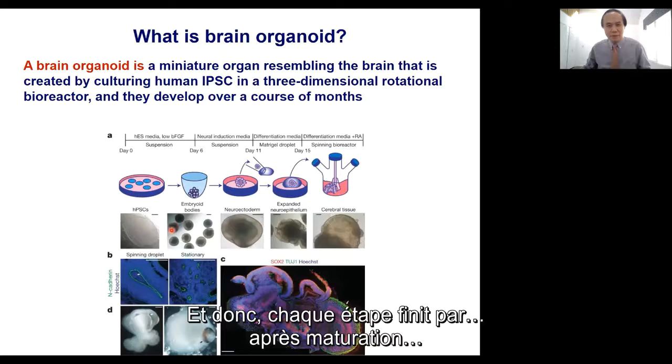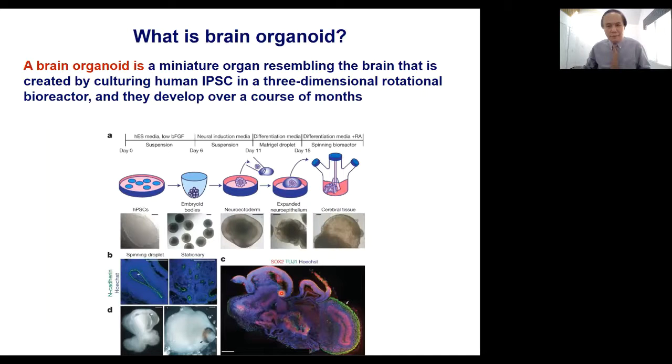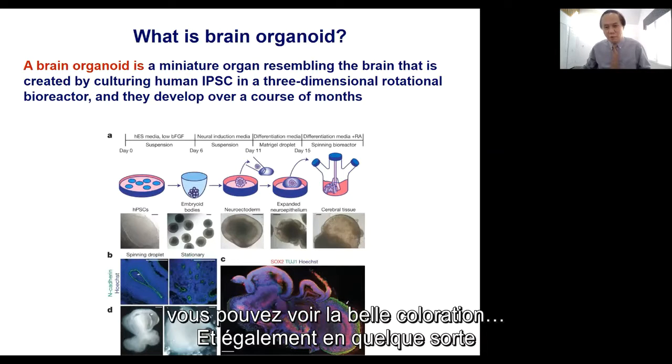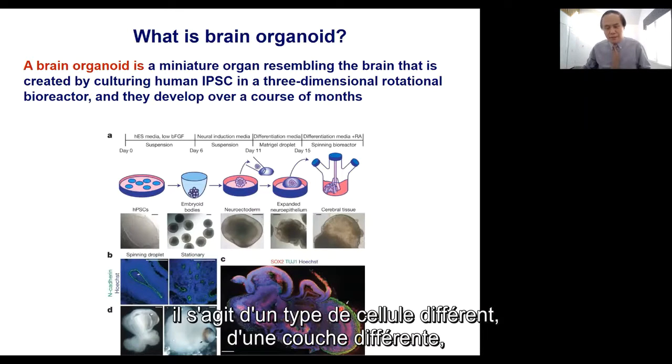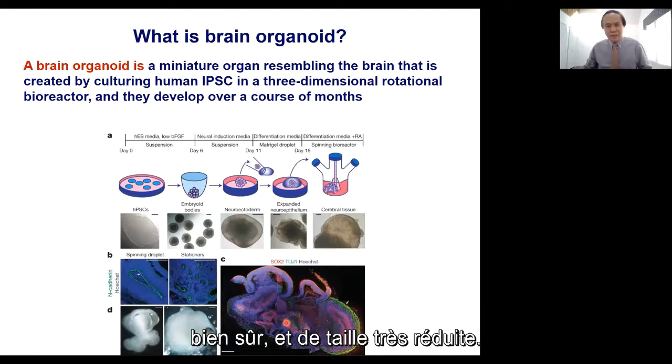And at each step, eventually after it matures, by beautiful staining you can somewhat see it mimicking the human brain structure, with different cell types or different layers, of course, in a very tiny size.